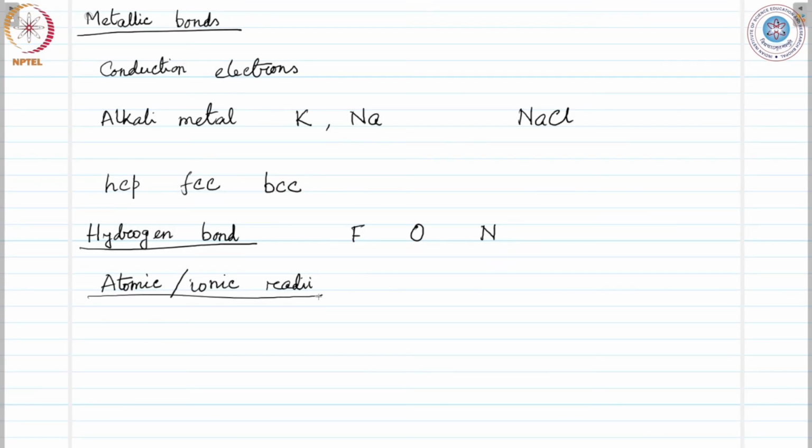To make prediction of lattice constant, it is convenient to assign sets of self-consistent radii to various types of bonds. A set for ionic crystals with 6 coordination, another set for crystals with 12 coordination, another set for covalent bonds, like that. And that helps us understand the packing of a crystal. So here we conclude our discussion about the binding of crystals.